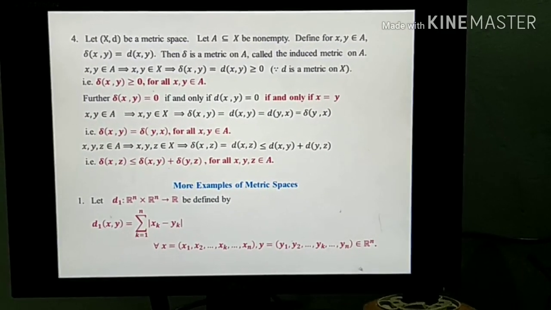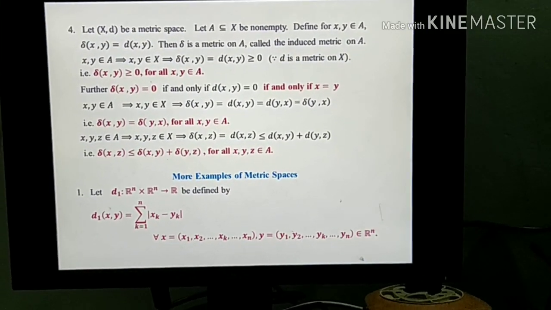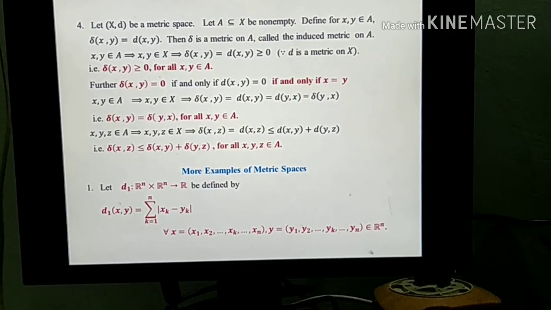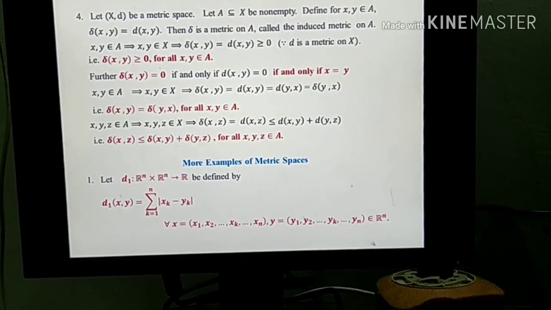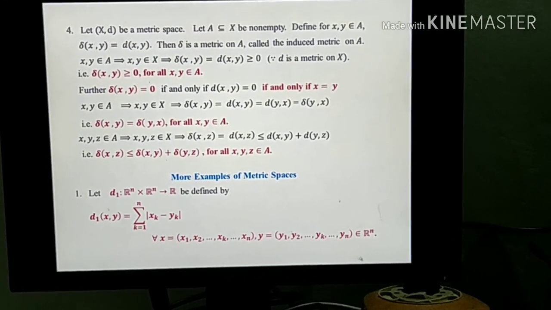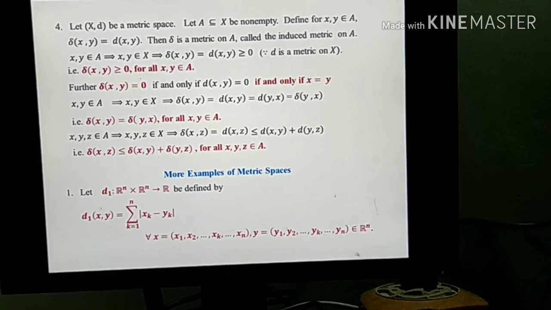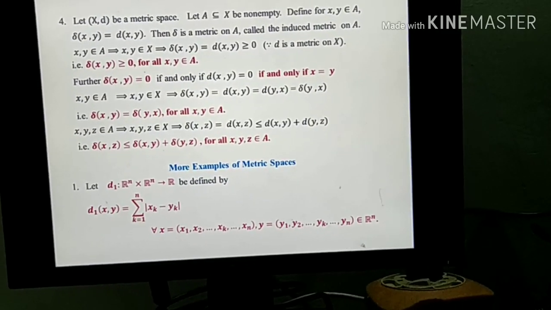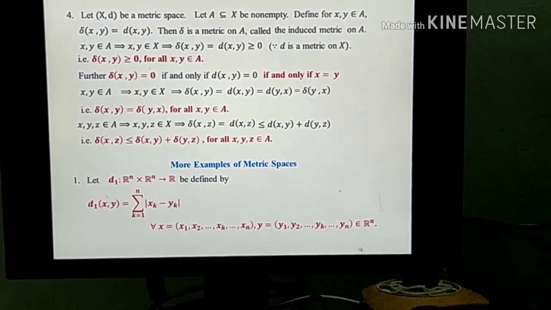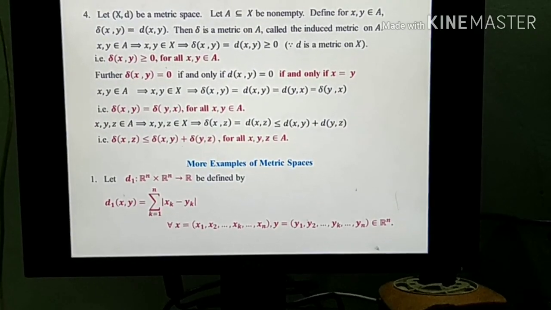That means that every absolute value mod xk minus yk becomes 0, and it implies that xk is equal to yk for all k's, means the coordinates of x and y are same, and therefore the n tuples x and y become equal. That means d1 xy is equal to 0 if and only if x is equal to y, and hence the second property, that is identity property, is satisfied by d1.